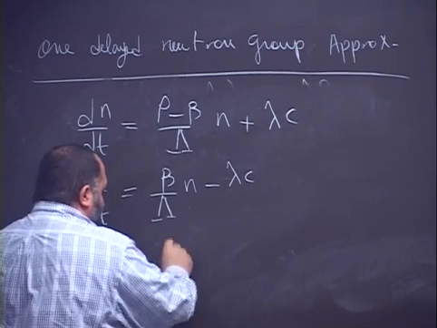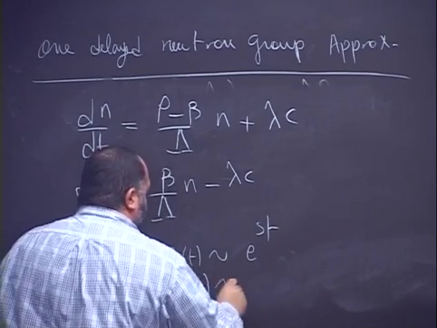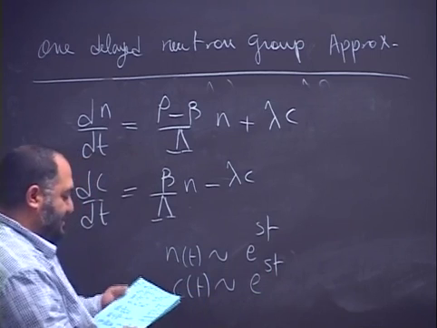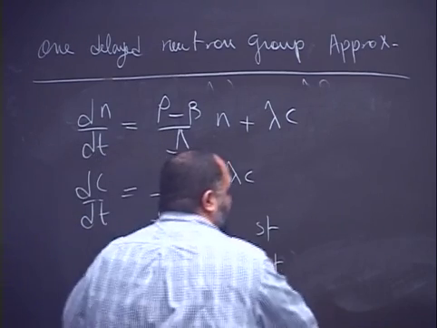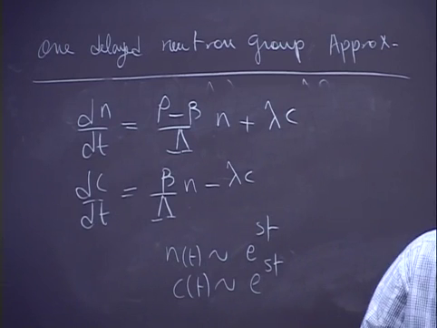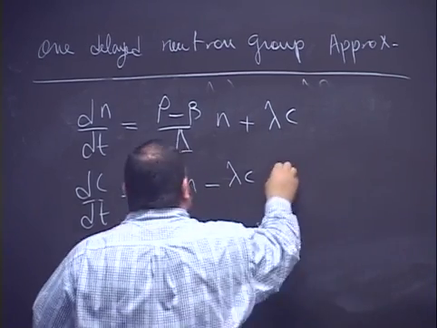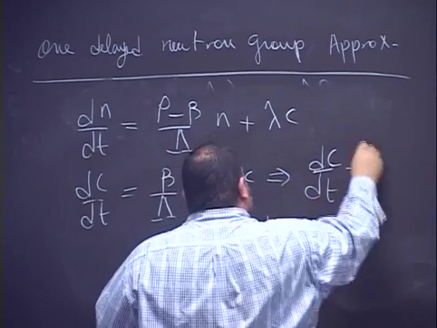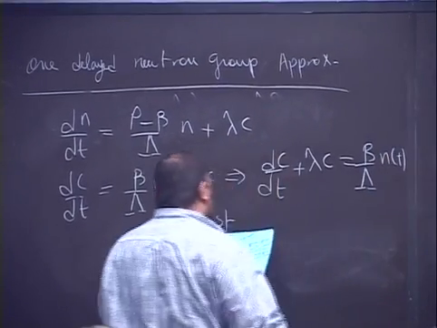If we assume that the solution will be something like n of t and c of t will be just exponential functions like this, then maybe we can write this equation as dc by dt plus lambda c equal to beta divided by gamma multiplied by n of t.